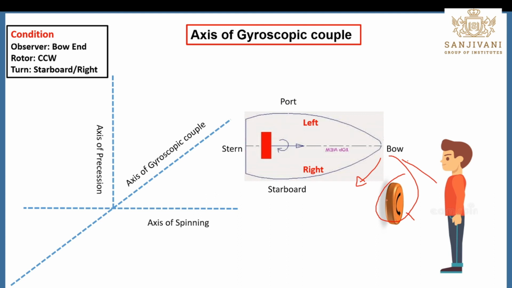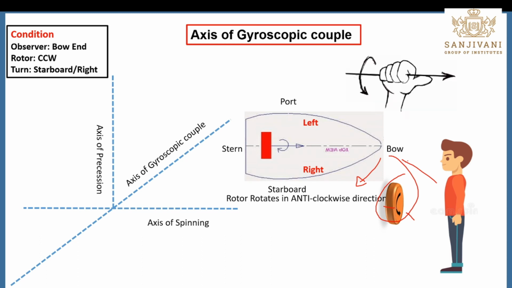First concentrate on the direction of rotation of the wheel, which is counterclockwise or anti-clockwise. Now orient your fingers in the anti-clockwise direction, and see whether the thumb of your right hand is pointing toward the left side or right side. In this case, if it is rotated in the counterclockwise direction, it is pointing towards the right side. This is the axis of spinning.